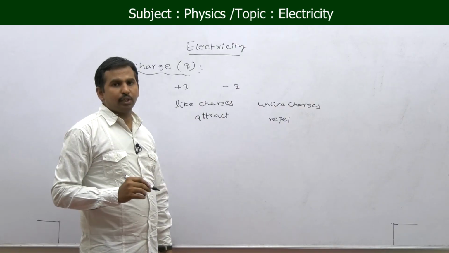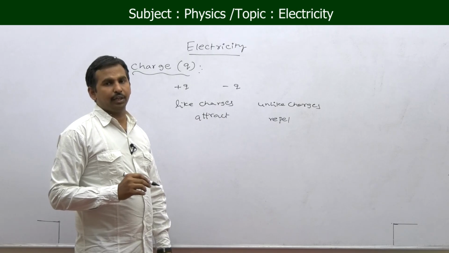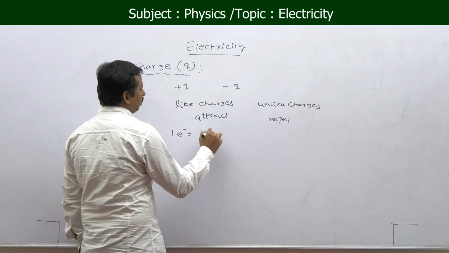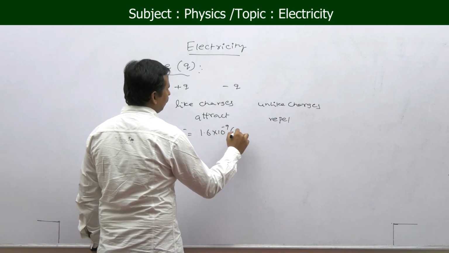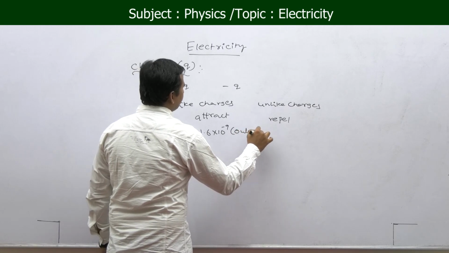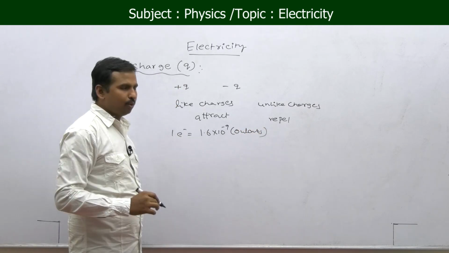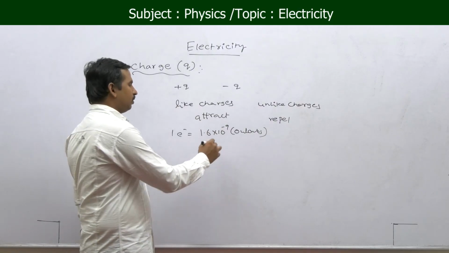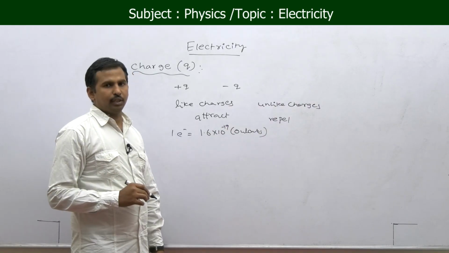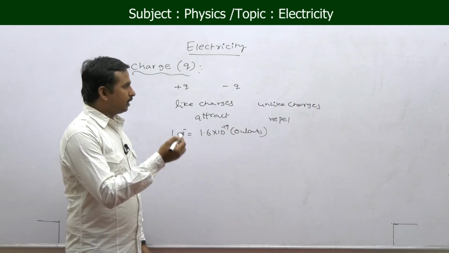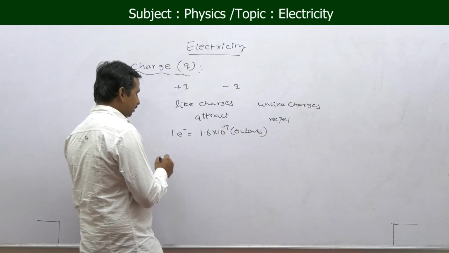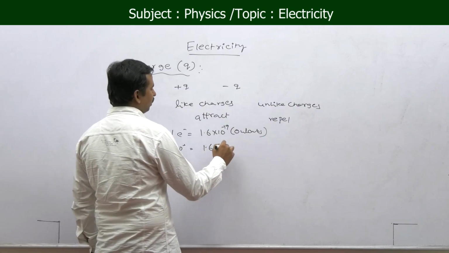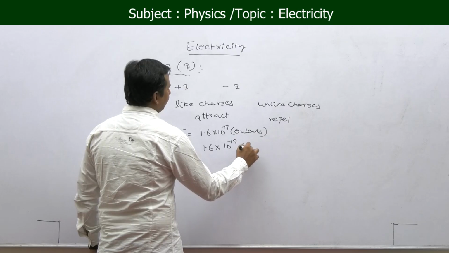Now, the charge we take for the case of an electron, which has a negative nature: one electron charge is equal to 1.6 into 10 power minus 19 coulombs, where coulomb is the unit of charge. Whereas a proton, which is taken as a positive charge, has the same magnitude, 1.6 into 10 power minus 19 coulombs.